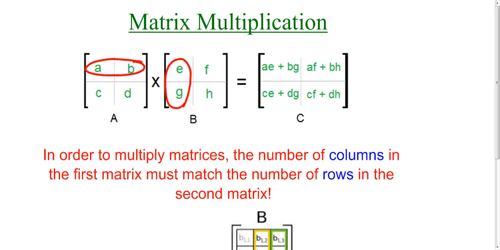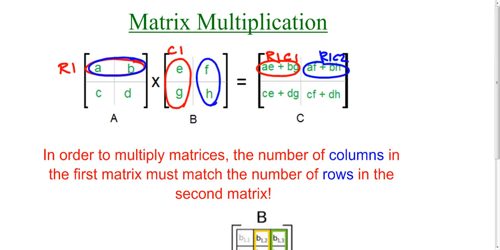I want you to notice this. I did row 1, column 1. My answer went in row 1, column 1. Okay? If I do row 1 and column 2, my answer goes in row 1, column 2. Okay? That's the position that it goes in.